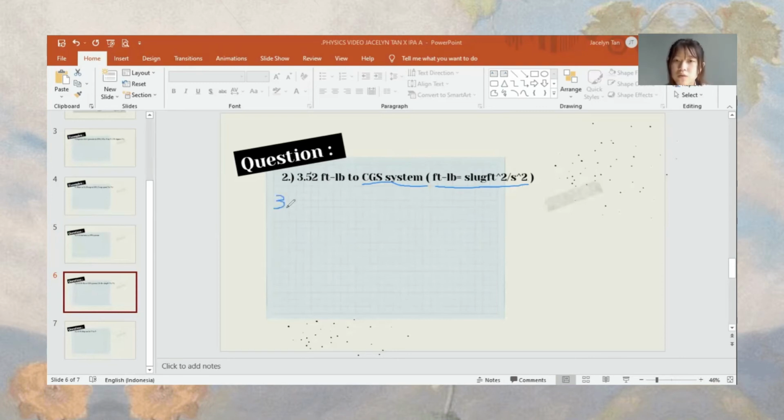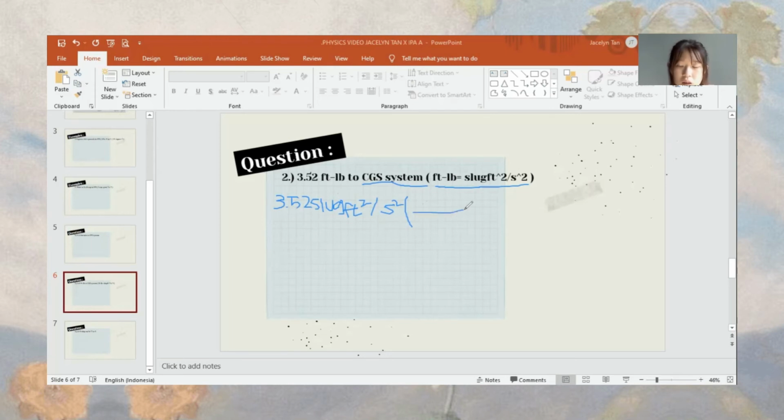So we just write 3.52 slug feet squared over second squared.